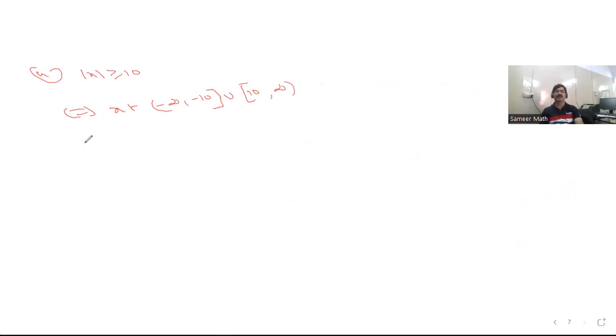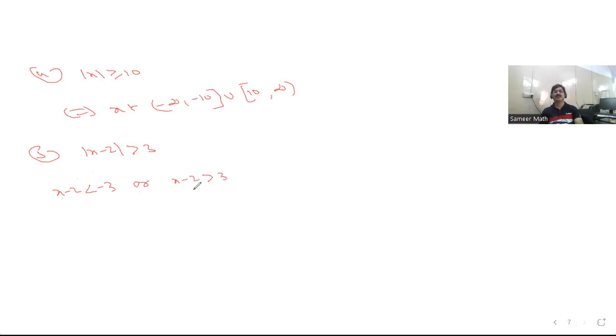Another way also I want to tell you. Suppose it is like this: mod of x minus 2 is greater than 3. What will this do? Two cases arise: x minus 2 is less than minus 3 or x minus 2 is greater than 3. You can write this too.